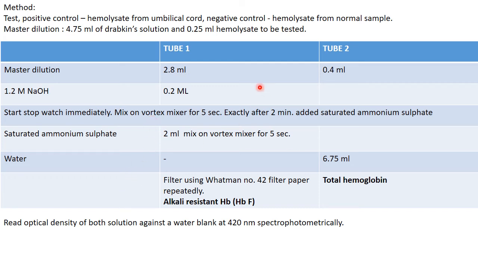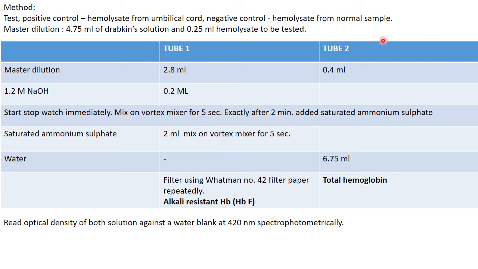Now this tube 1 is filtered twice or thrice using Whatman number 42 filter paper. The filtrate contains alkali resistant hemoglobin, that is hemoglobin F. Alkali resistant hemoglobin is hemoglobin F.